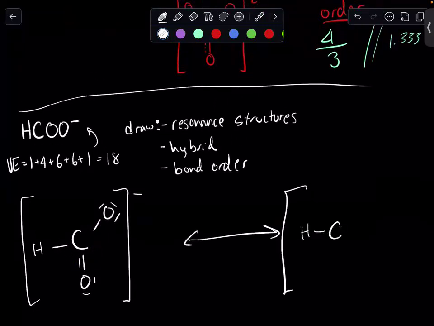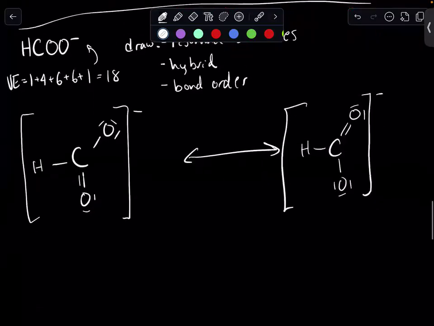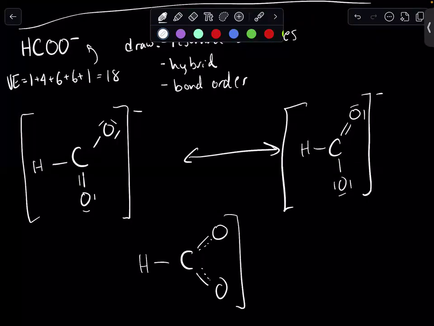CH double bond O, single bond O, with my minus charge. My hybrid structure is going to look like CH OO with my dots. There we go.